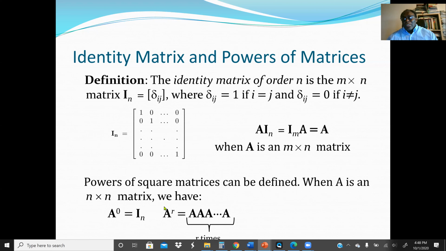So if, let's say, A is raised to the power 3, it means I'll multiply the original matrix by itself 3 times. Or if r is 10, that means 10 times. But always, if the matrix is raised to the power 0, the answer will give us the identity matrix.